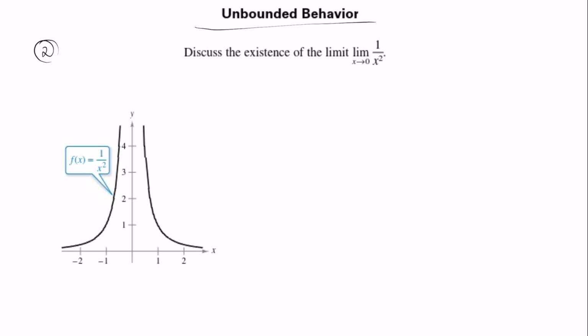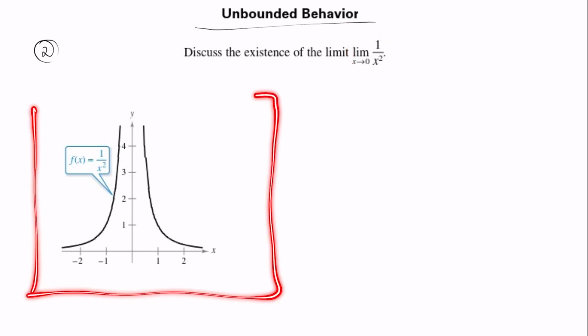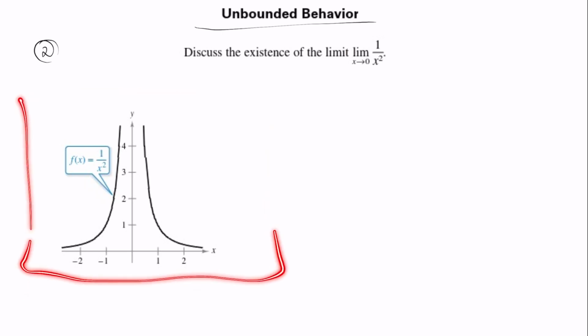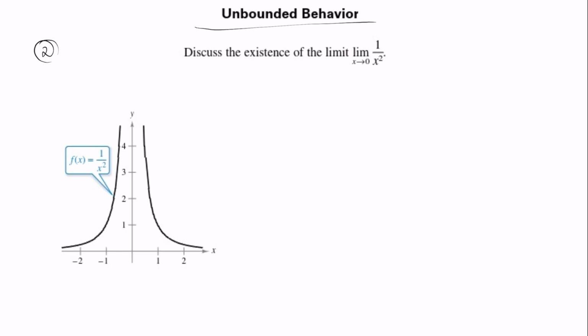And what is that? We want to find the limit as x approaches 0 of our function 1 over x squared. And this is the graph for the function 1 over x squared. Looking at this graph, this is 0. So the y-axis is the line x equals 0. Now, this part is the right-hand side of 0, and this part is the left-hand side of 0.